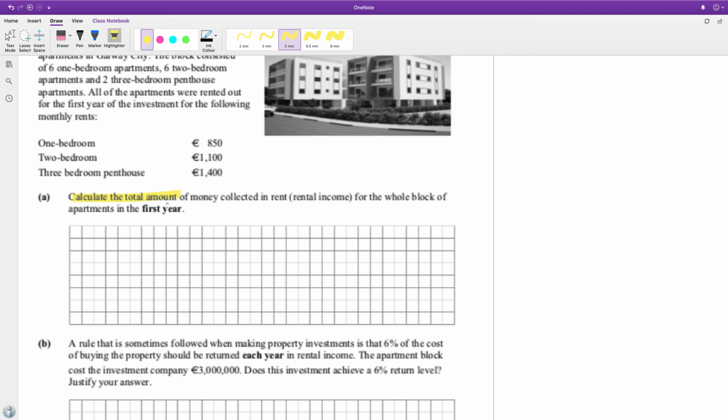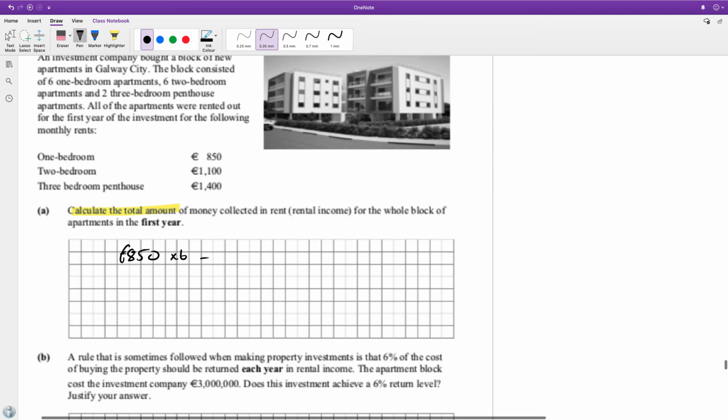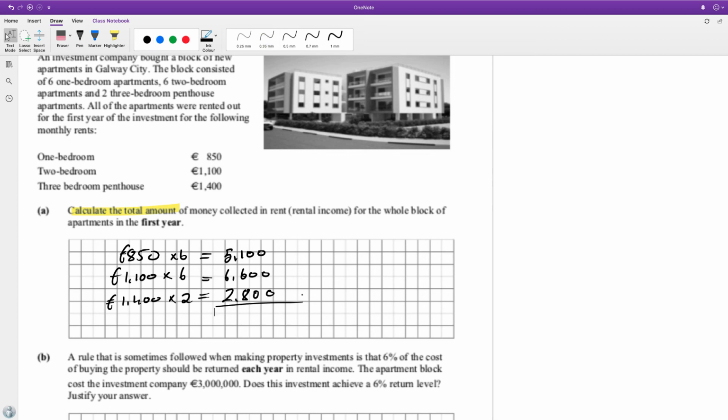You've got to add them all. And what did you get? You got 14,500?